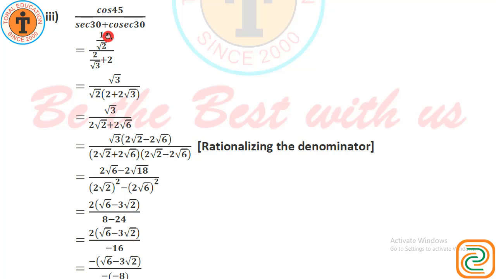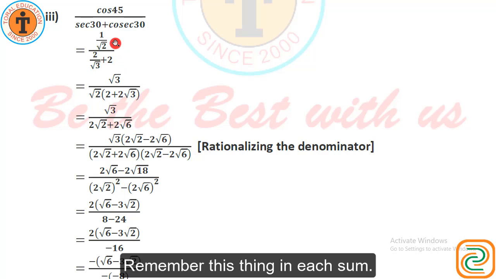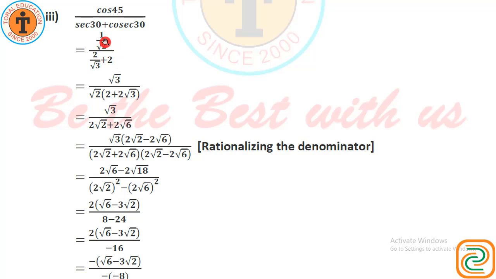So denominator of the numerator goes to the denominator and denominator of the denominator goes to the numerator. This is the rule. So this root 3 has gone to the numerator and this root 2 has gone to the denominator. Okay, understood?